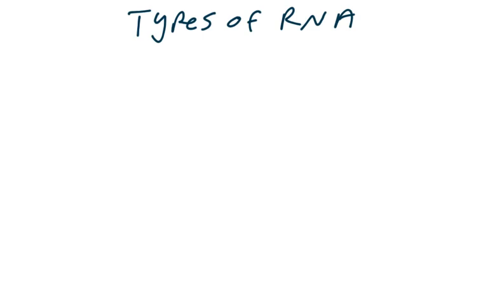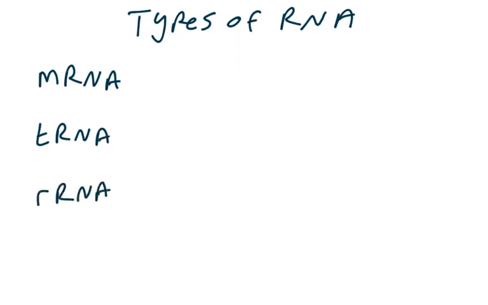The 3 main ones, I'm sure almost everybody has heard of these: mRNA, tRNA, and rRNA. If you don't remember, mRNA is essentially what's produced by RNA polymerase 2 during transcription.